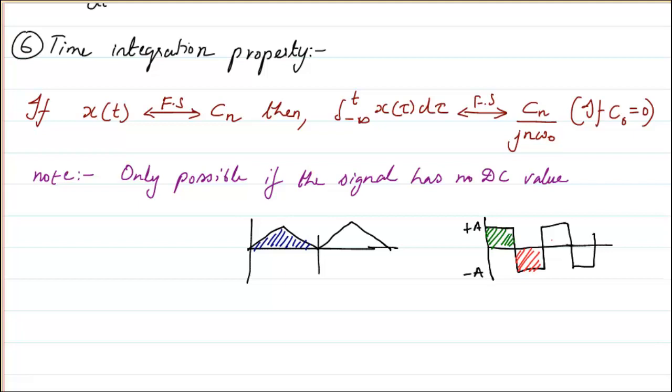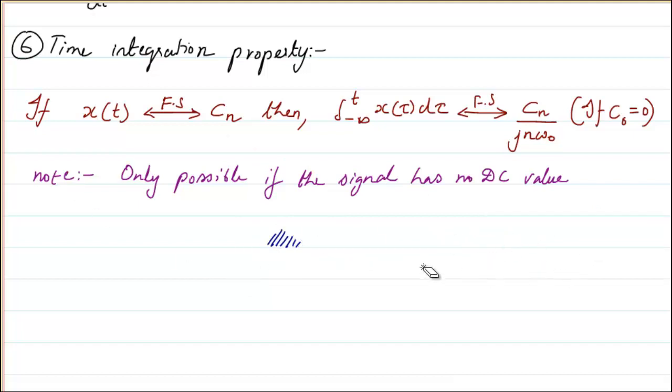That means if you integrate this signal, the DC value will come out to be 0. Only in this case can this property be applied, otherwise it cannot be applied.